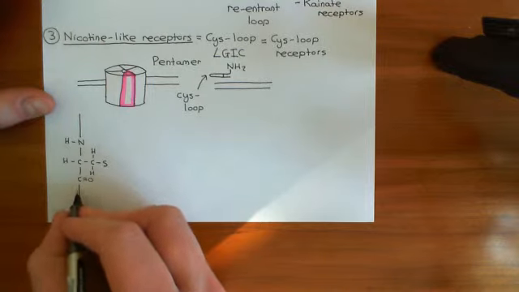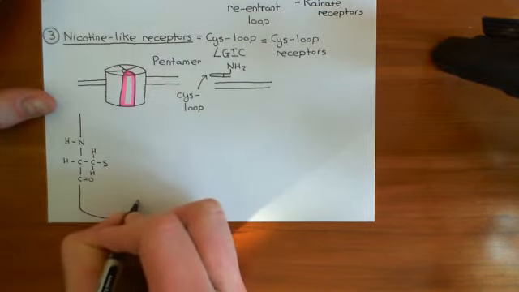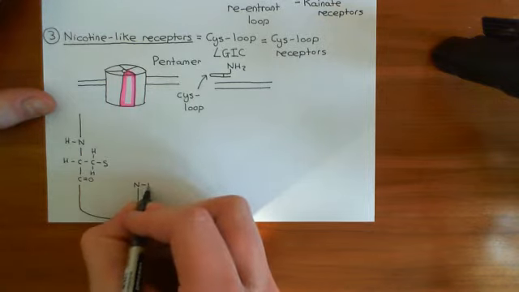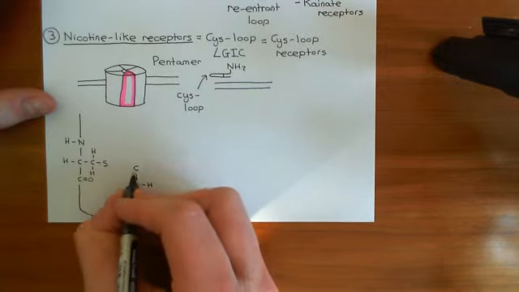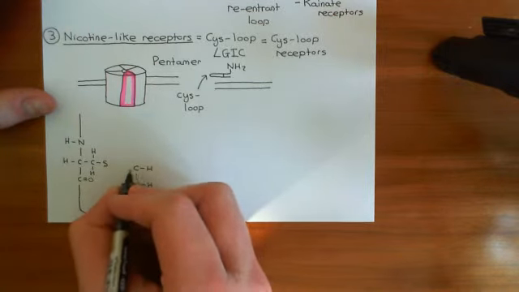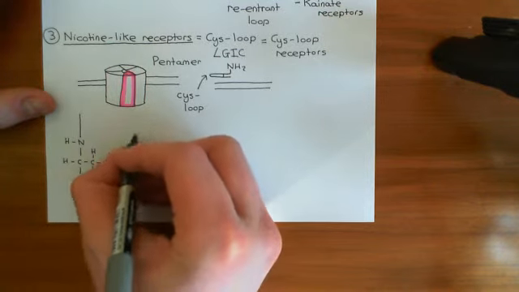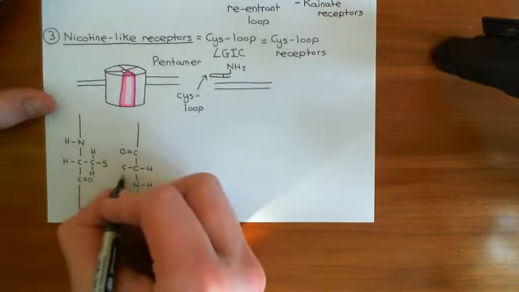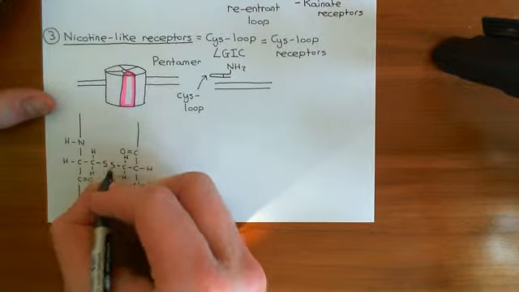Now I'll go back to drawing the polypeptide as just a line. This line represents amino acid after amino acid, and then you'll come back round and have another cysteine on the other anti-parallel strand here. So here's the amino group, here's the alpha carbon with a hydrogen coming off it, here's the carboxylic acid group, like so, and then the polypeptide chain will continue on. The R group of this cysteine consists of a methylene group with a thiol group coming off it.